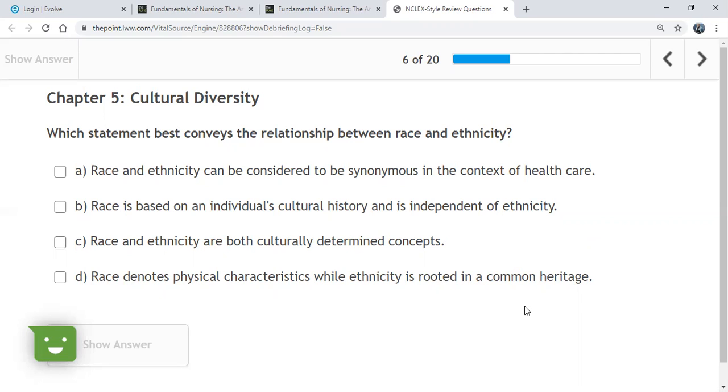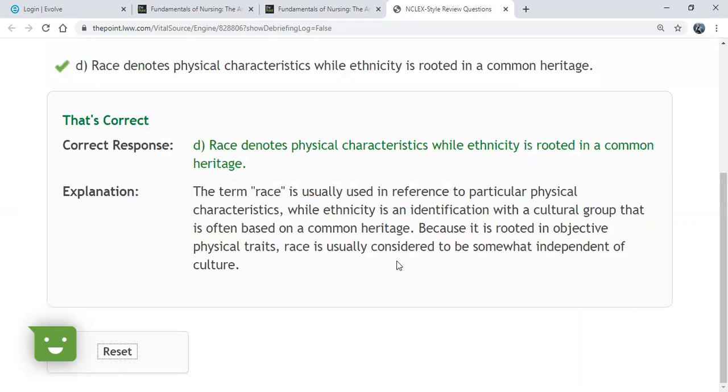So which one do you like? D. Race denotes physical characteristics, while ethnicity is about heritage. So if you think about different ethnic groups within a culture, and race, I gotta have big feet to race. That's a physical characteristic.